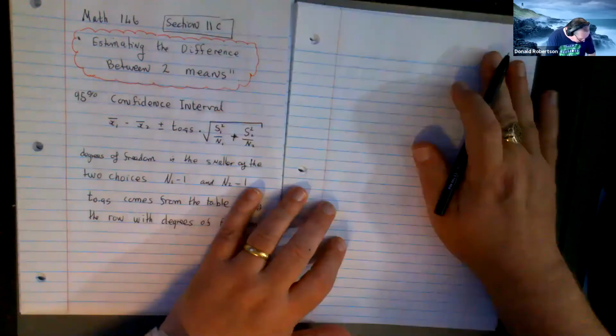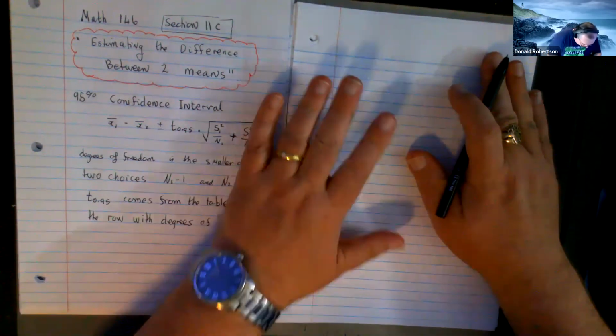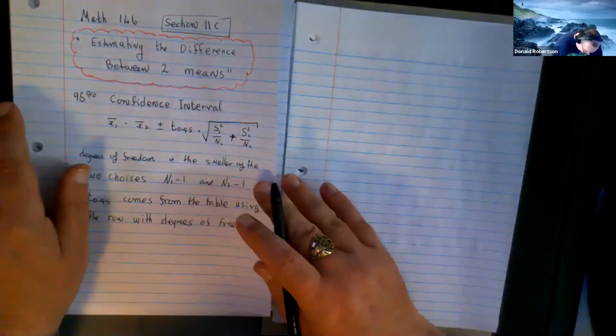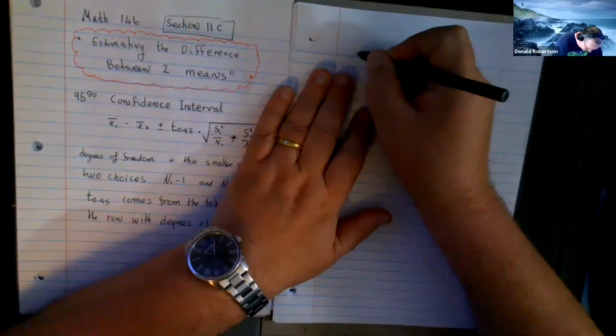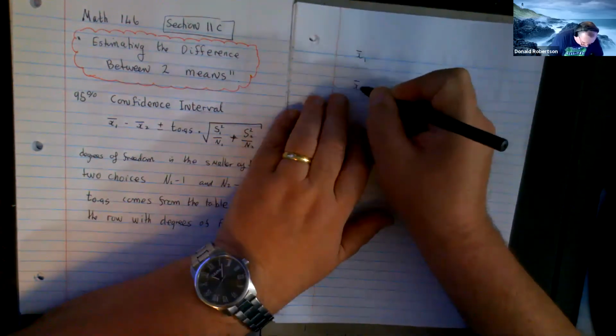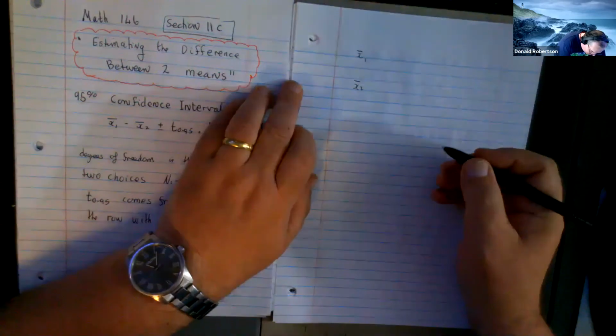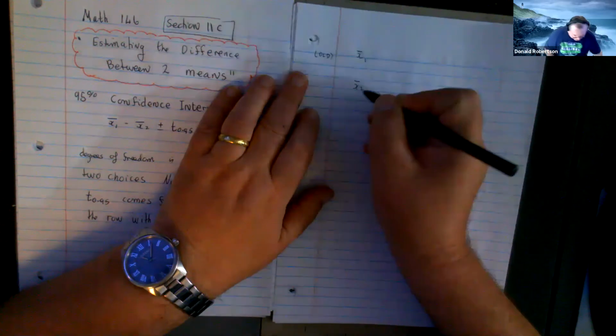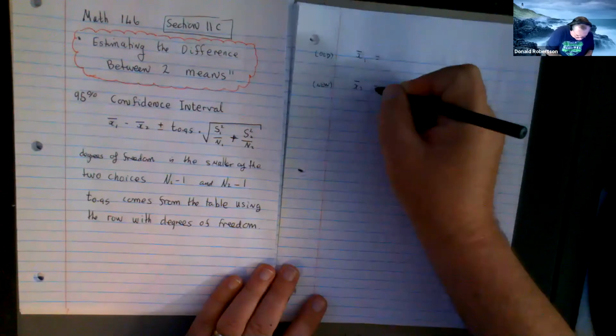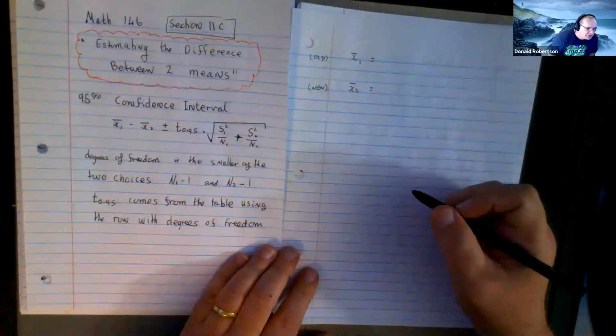So let's create a kind of starter story, and then we'll use some of the homework questions after that. Let's suppose that we are interested in two drugs. This is quite a common thing that's done. So we have the old drug, and we have the new drug. Let's say that what these drugs do is they help to increase your iron level.